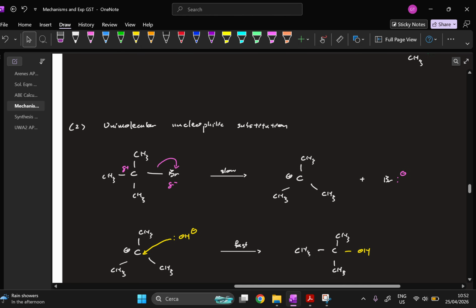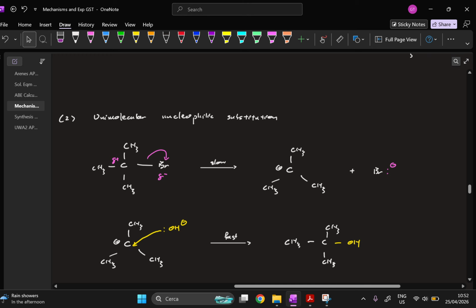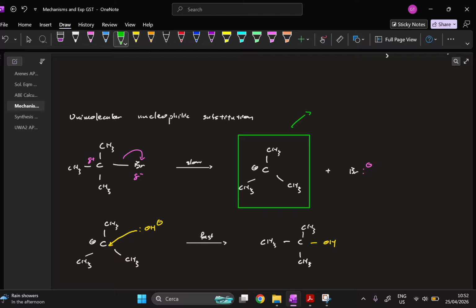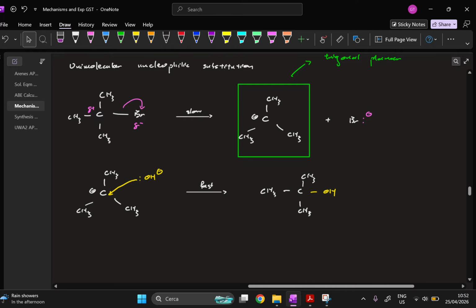Now, just a small extension, right? This particular tertiary carbocation here, what do you notice? It is trigonal planar. It has trigonal planar geometry with respect to the electron deficient carbon atom. So you notice, right?